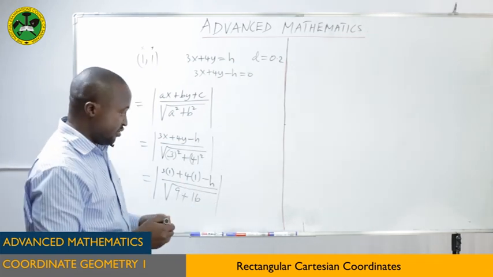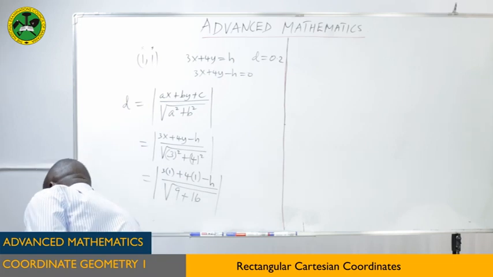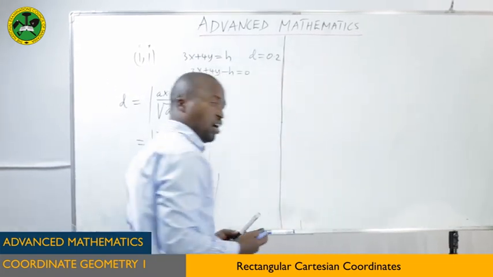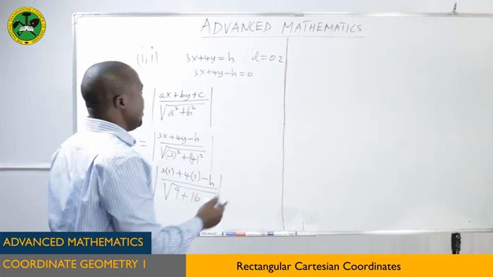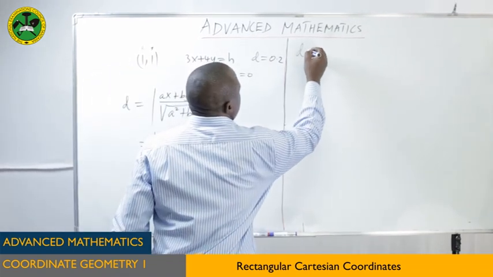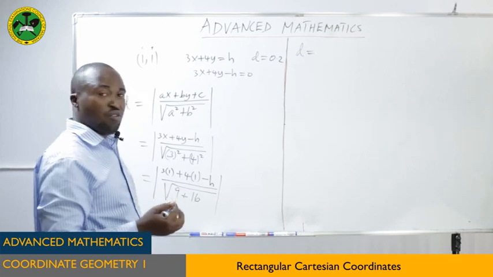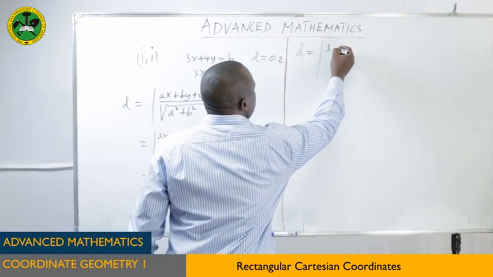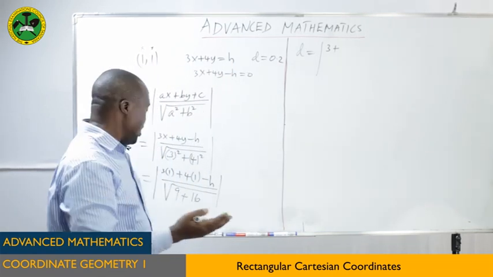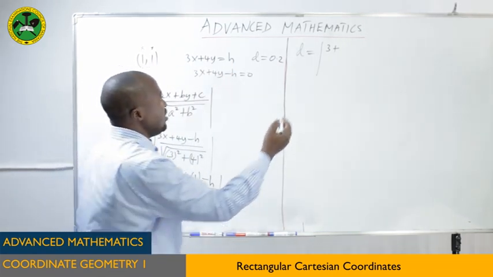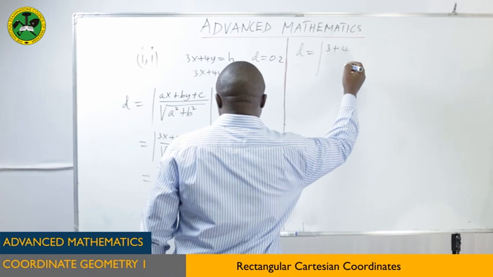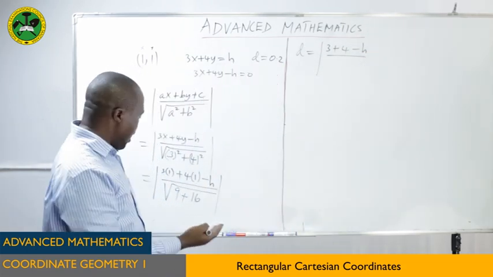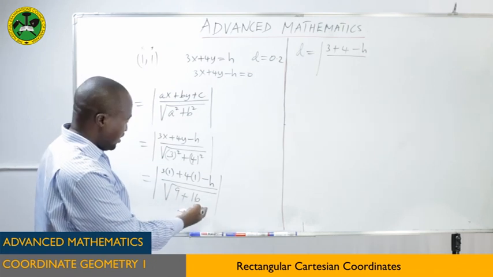Now in this case we are going to have d is equal to 3 times 1, that is 3, plus 4 times 1, that is 4, then minus h, over 9 plus 16.